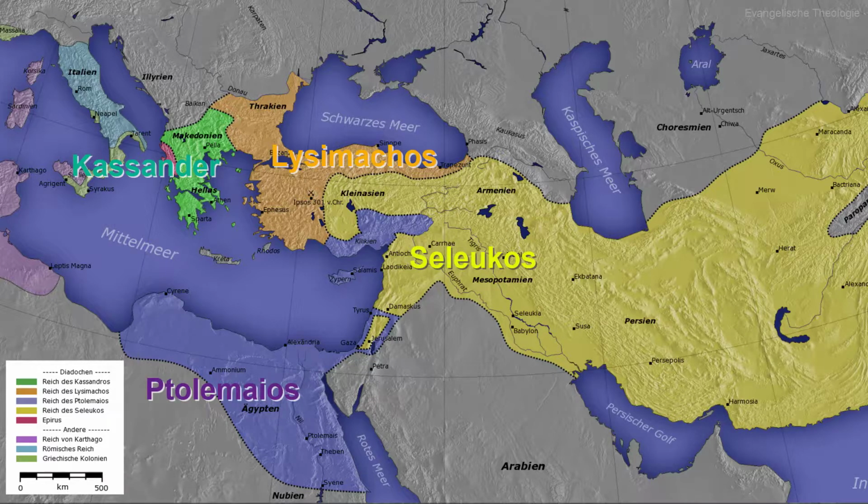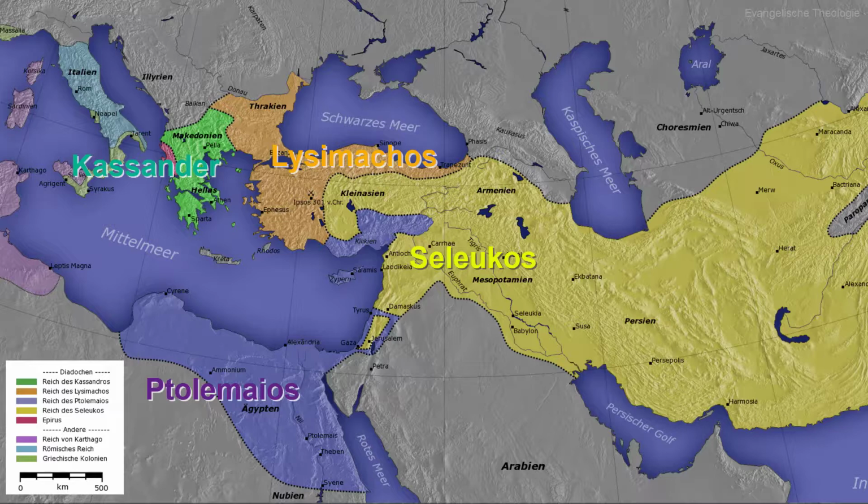These four rulers were first generals in the empire of Alexander the Great. Then Alexander died young at the age of 33, and he left behind a pregnant woman who birthed a son shortly after his death. But the two were not able to hold together the giant empire of Alexander, and so his wife was killed and his son as well.